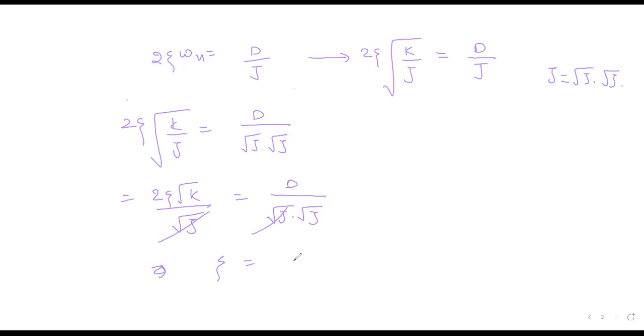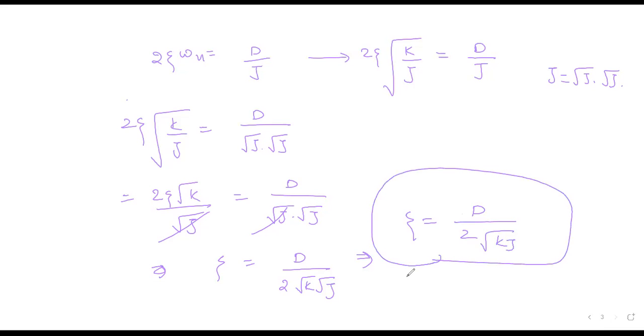You have zeta equal to D by 2 under root K into under root J. So you can write zeta is equal to D by 2 under root KJ.